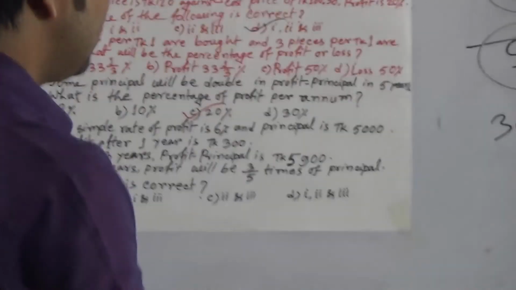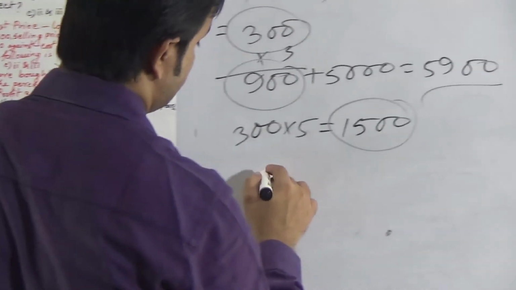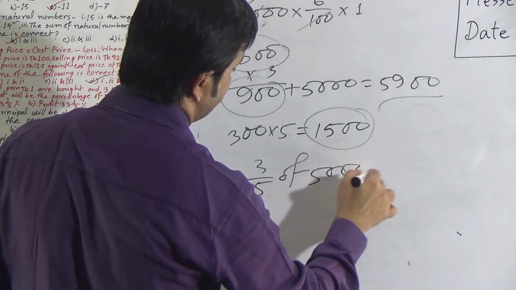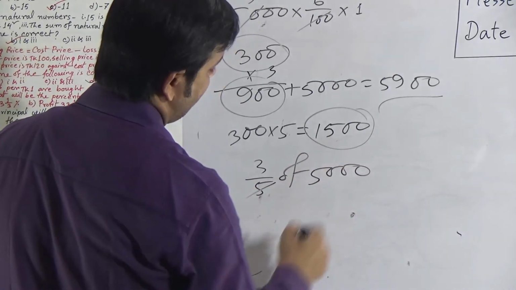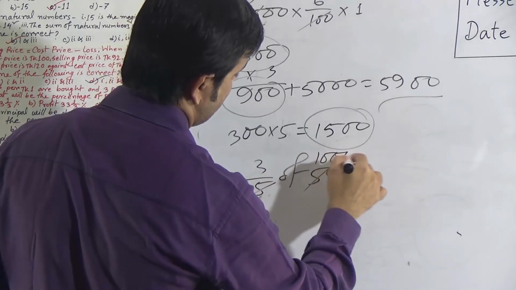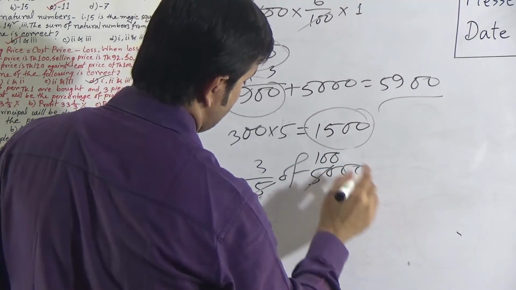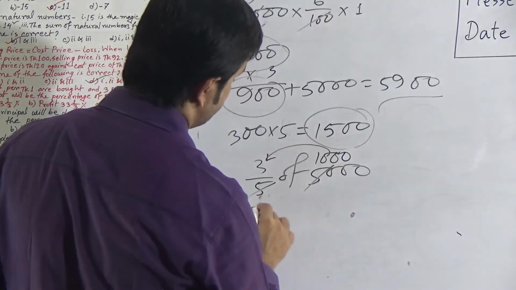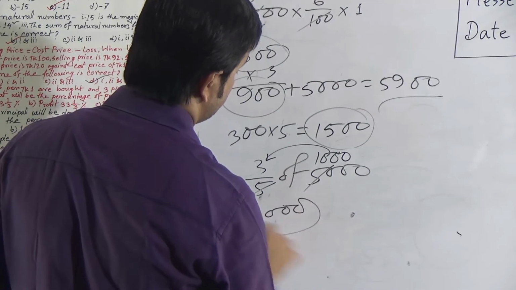Here what is the principal? Principal is 5,000, so 3 by 5 of 5,000. What will be? Here 5, if we cut here, we will get 1,000, and if we multiply by 3, we will get 3,000.